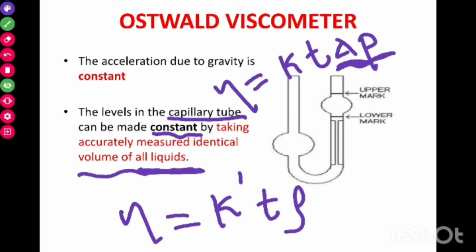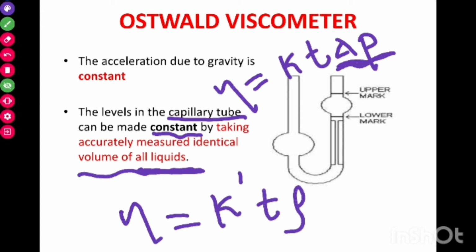Among these three factors, density, acceleration due to gravity, and the levels in the capillary tube, acceleration due to gravity is constant, that we know. And the levels in the capillary tube can also be taken as constant by taking accurately measured identical volumes of all liquid.